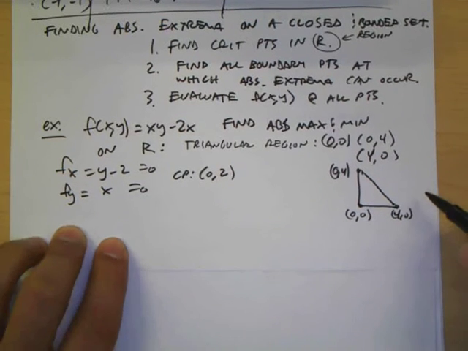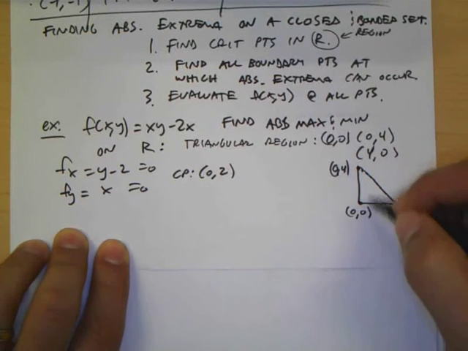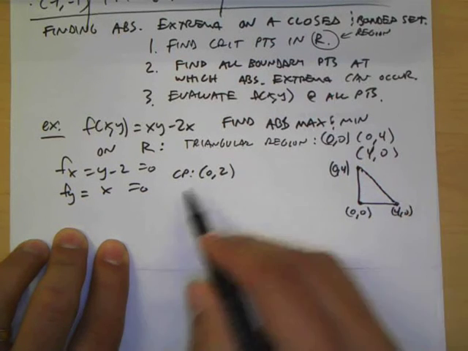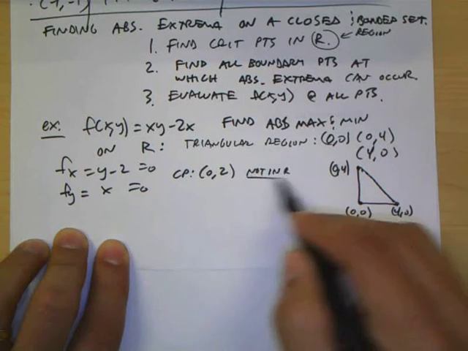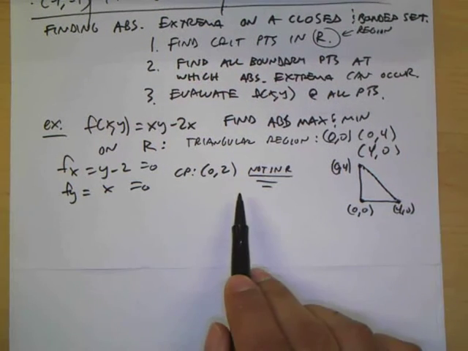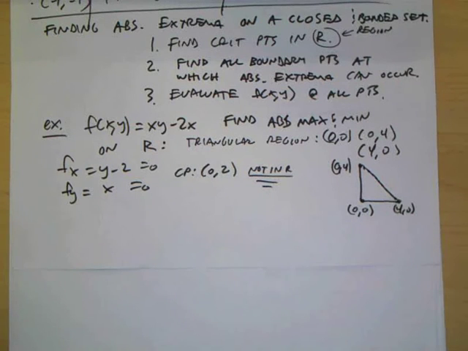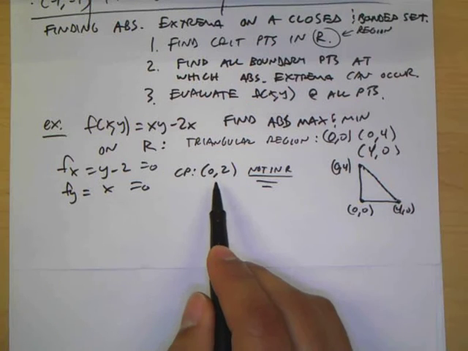Where is 0, 2? It's on the actual boundary, right, on the triangle. So this is actually not in the interior of R, so we're not going to worry about it right now. If it was on the interior, then we would keep it. But since we're going to test the boundaries anyway, we're going to ignore 0, 2. Maybe it comes up, maybe it doesn't.